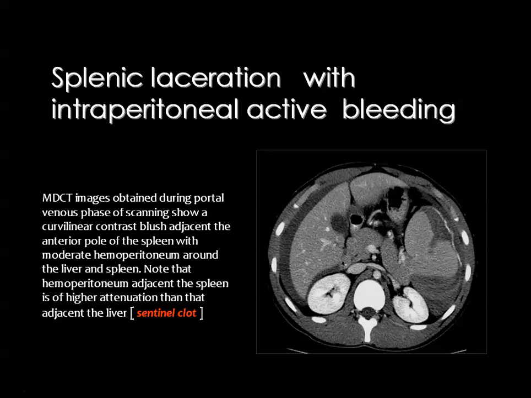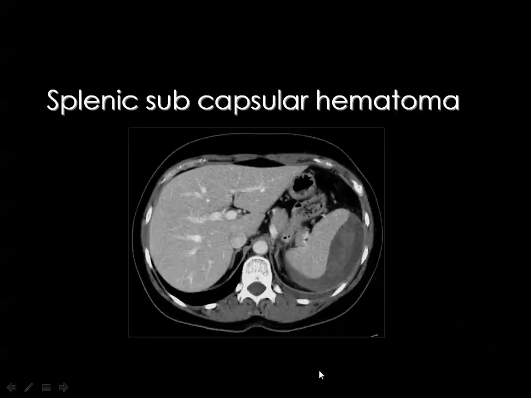And this is also an example of a splenic laceration with sentinel clot sign, where you can see the hyperdense fluid which is adjacent to the bleeder, and the relatively hypodense fluid which is adjacent to the liver. This is a splenic laceration with hemoperitoneum.